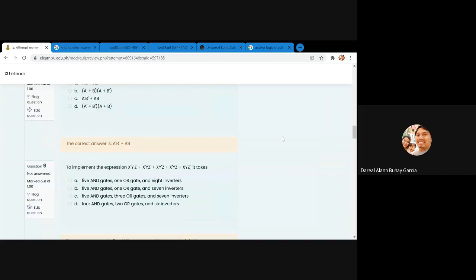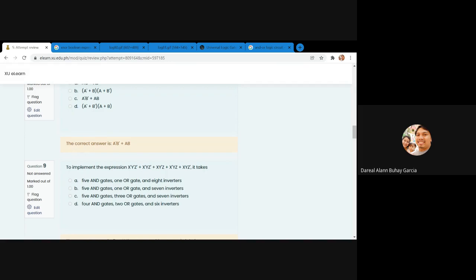To implement this expression, it takes, sige daw, what's your guess? For sure, pwede naman ni isa ka OR gate, no? 1 OR gate, 1 pila ka AND gate.